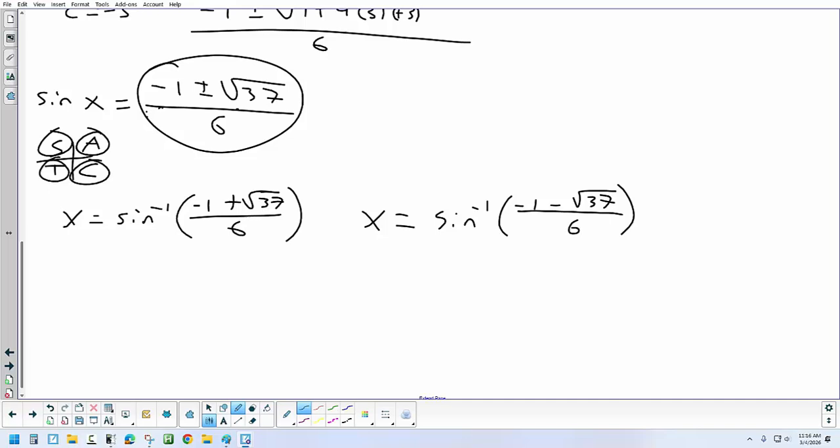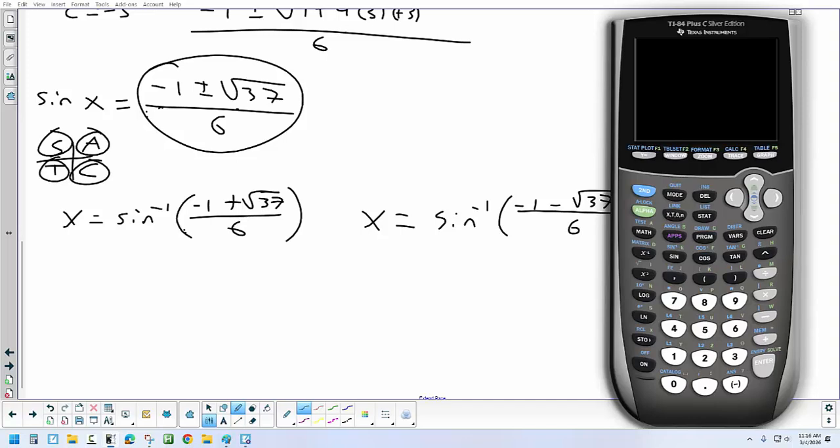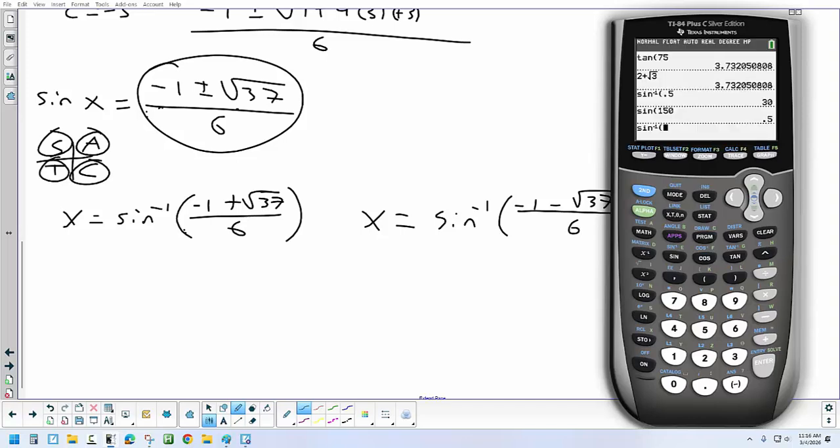Let's start with this one. Let's do the inverse sine of, and then we'll type all that in. So inverse sine of negative 1 plus root 37. I should probably use parentheses around that.